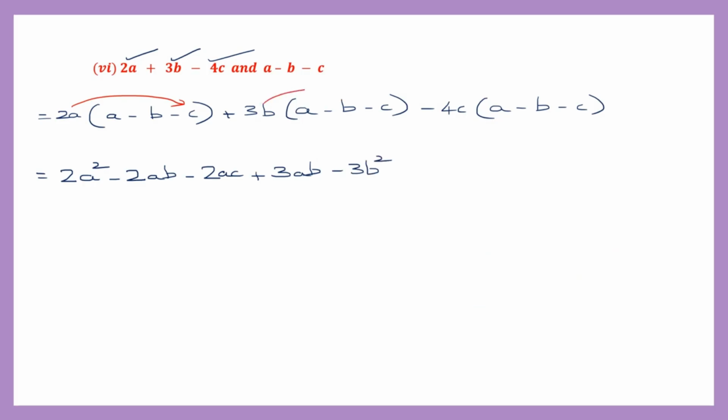Now we are doing 3b into minus c. The sign is minus, the number is 3, b into c is bc, minus 3bc. Let's go to the next one, minus 4c into a.